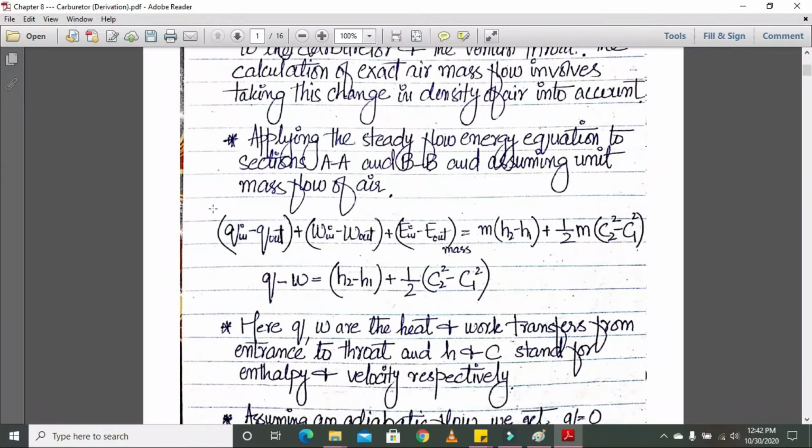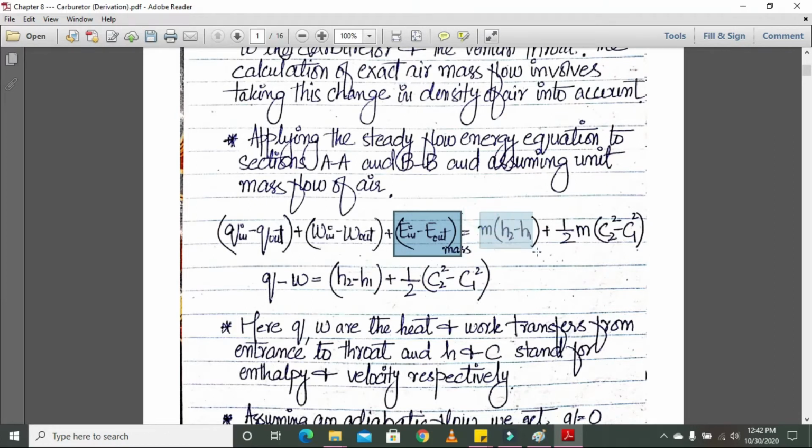So we will take the heat coming in and heat going out in this process. Then the second portion in the energy balance equation is of any work done by the system or on the system, and then the third is of any energy changes as a result of the mass which is coming inside and going outside of this circular section of the carburetor.